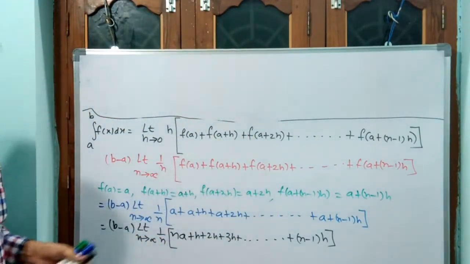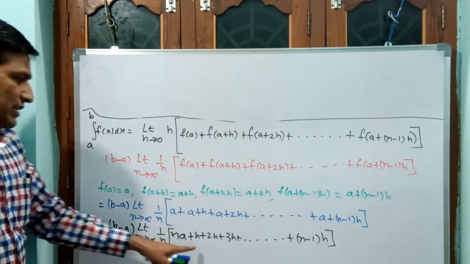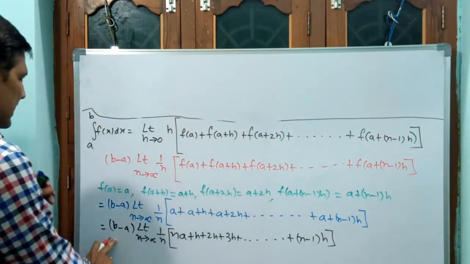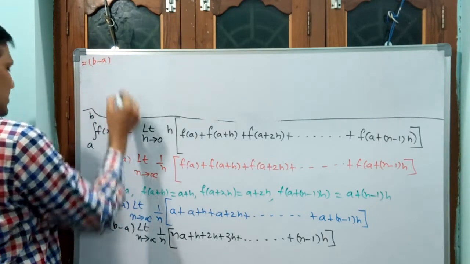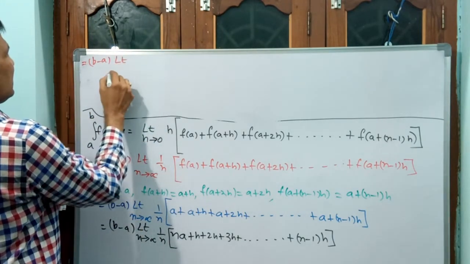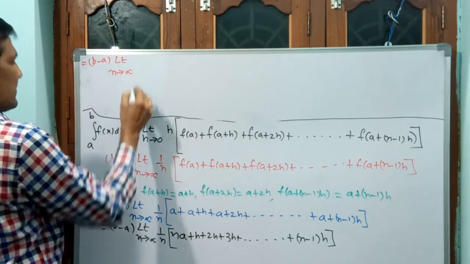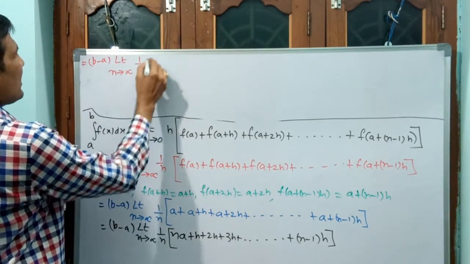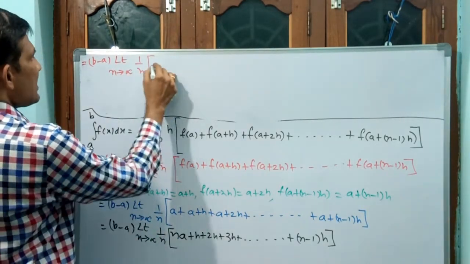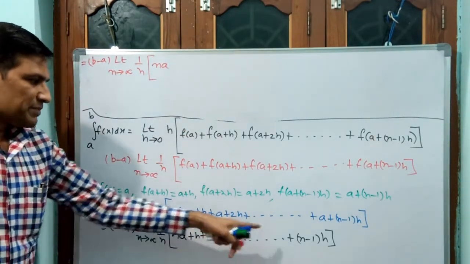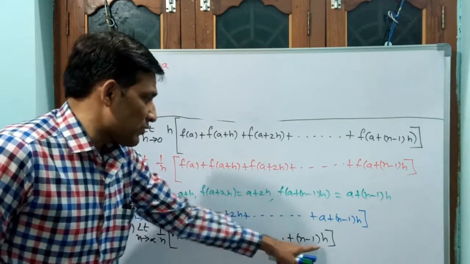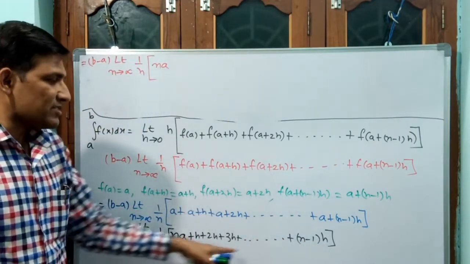Okay, now observe carefully what I am doing. See, inside only still calculation is there. Outside I am keeping like this only. You see, that is equal to b minus a into limit n tends to infinity into 1 by n. Na is there, okay. See now, h plus 2h plus 3h plus everything h is there, but if you observe carefully, h is common here.